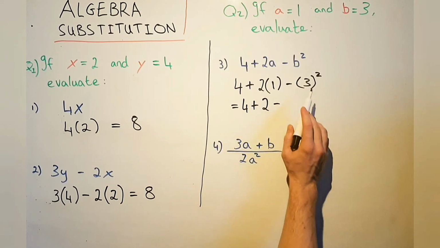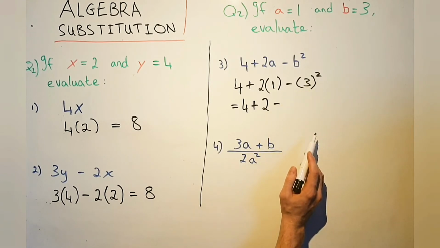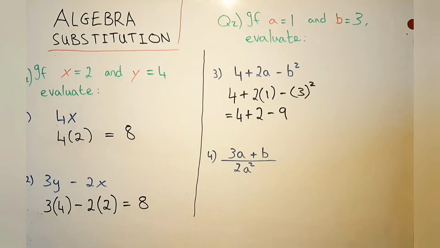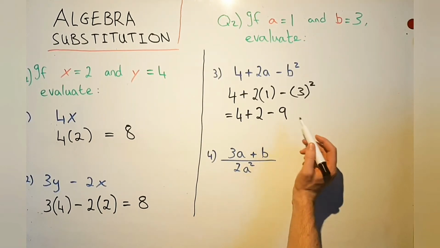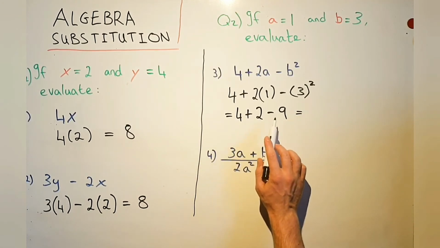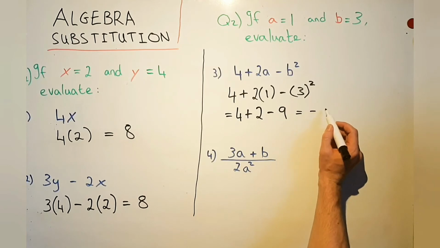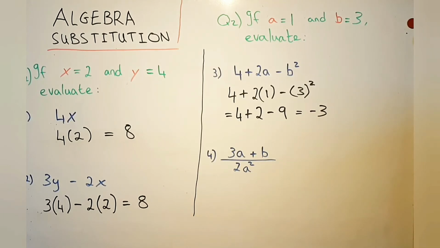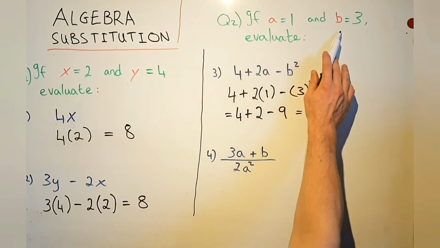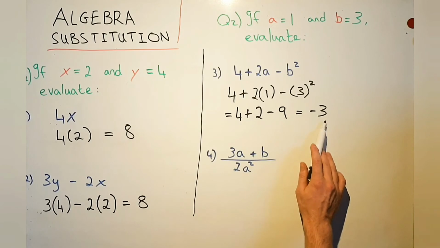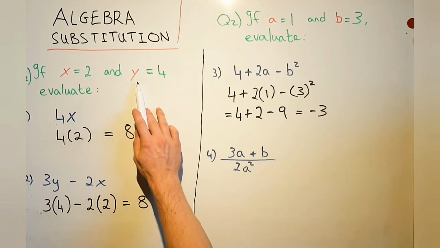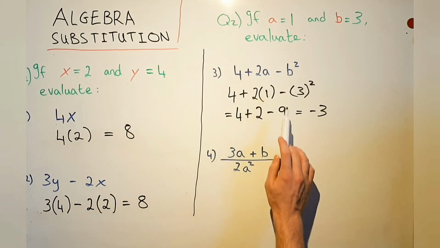Then we have minus 3 squared, which we know is 9, minus 9. That is equal to 4 plus 2 is 6, minus 9 is going to give us minus 3. So this expression, when evaluated with these values, is equal to minus 3. As you can see, regardless of the letters used, it's the same procedure throughout.